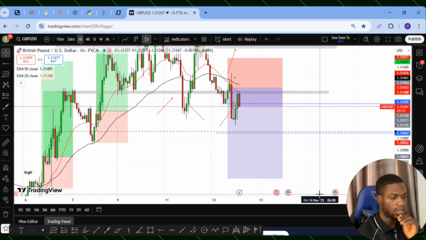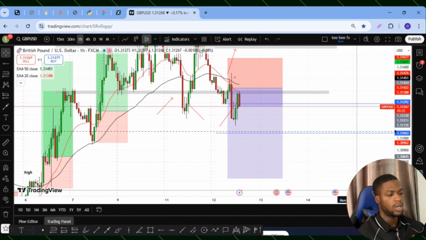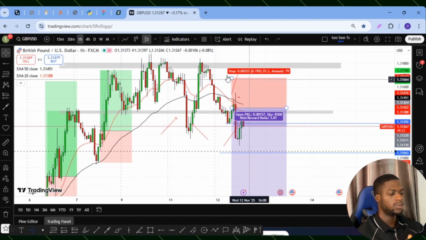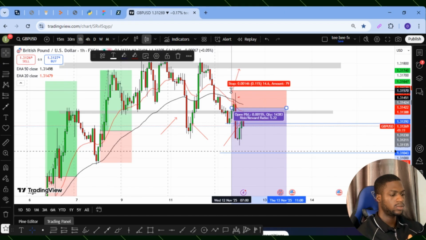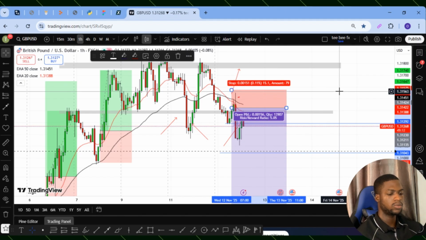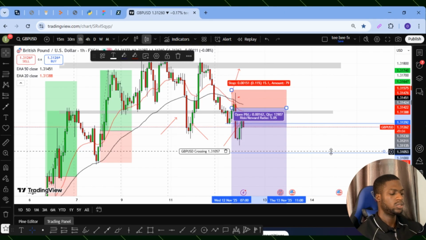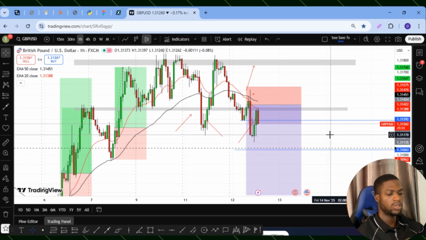But I'm going to adjust my stop loss from 25 pips probably to the wick of this candle, so that's like 15 pips, so that my losses can be minimal. Because if this trade should hit stop loss now, I'm going to lose up to like $20 on this trade, but my initial risk was $10.